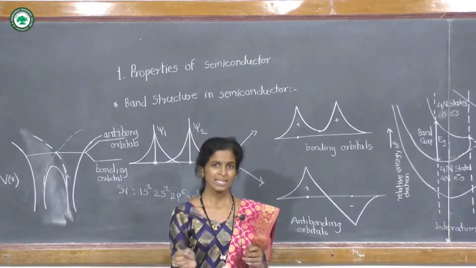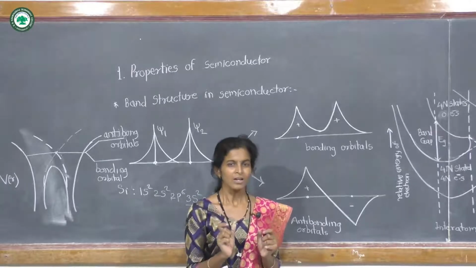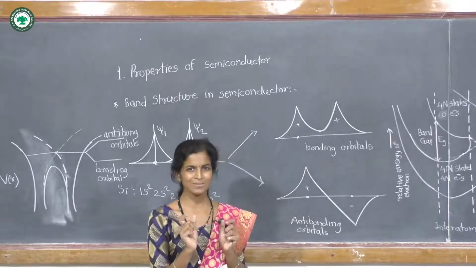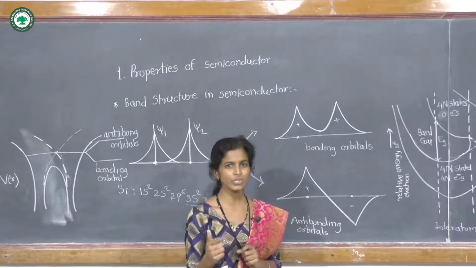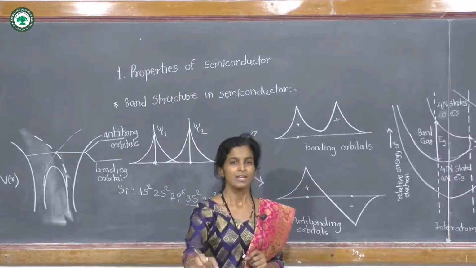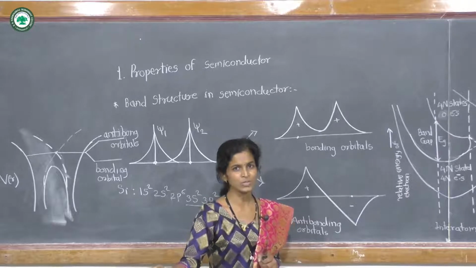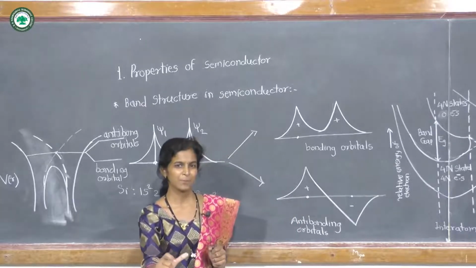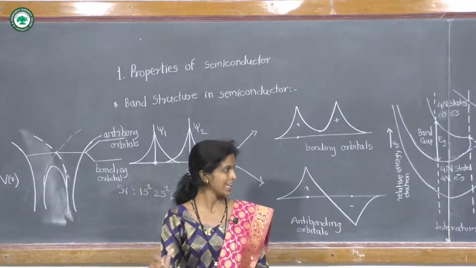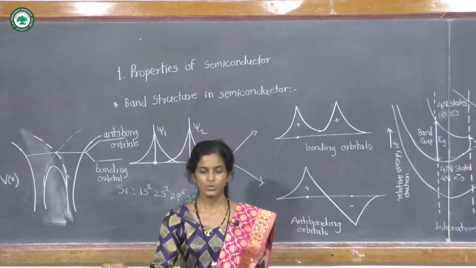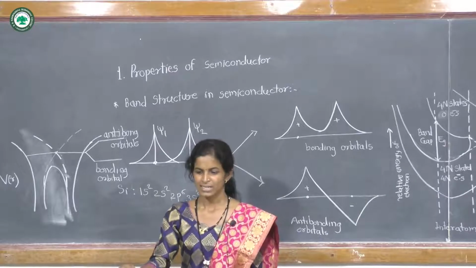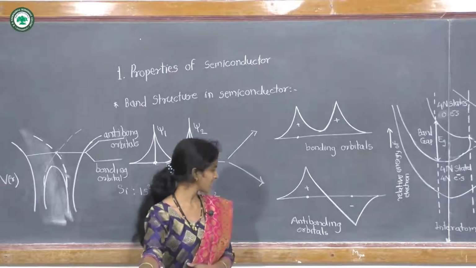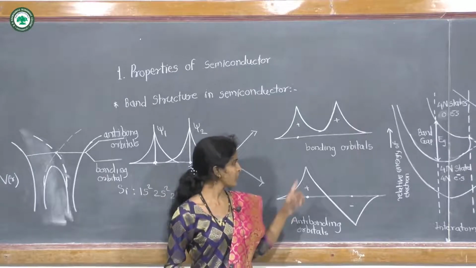It is because the interatomic distance between two atoms is much lower, and due to this there is an increase in repulsive forces between the two nuclei, as well as the repulsive forces due to the electrons of the two atoms, due to which the Coulombic potential energy is much higher than that of the bonding orbitals.